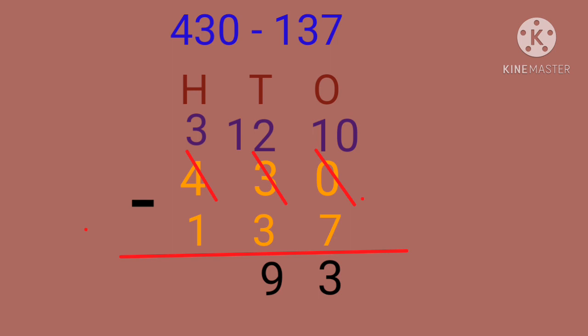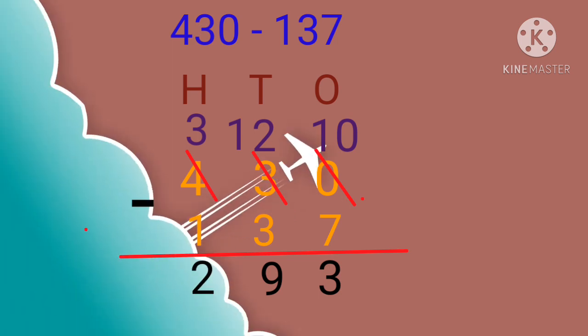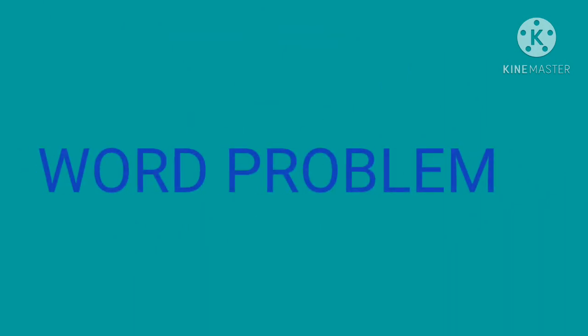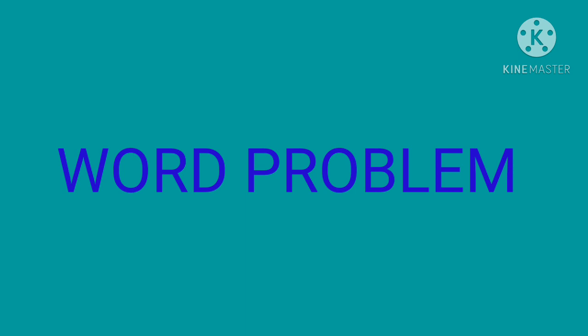Now, let us subtract the digits in the hundreds place. 3 minus 1 is equal to 2. So, you got the answer as 293. So, 430 minus 137 is equal to 293.